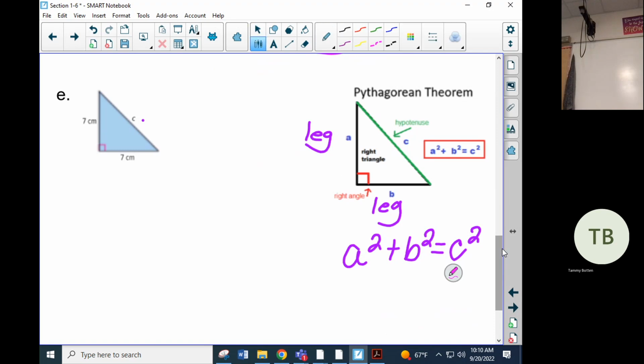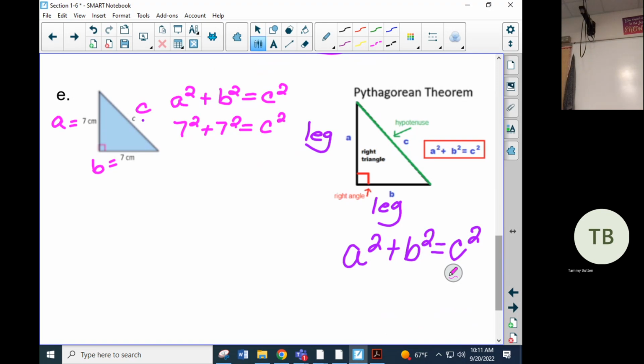So my c is across from the right angle, which they actually already labeled c. And then my a and b are the legs. It does not matter which leg you call A and which leg you call B. So I'm going to go 7 squared plus 7 squared equals c squared.